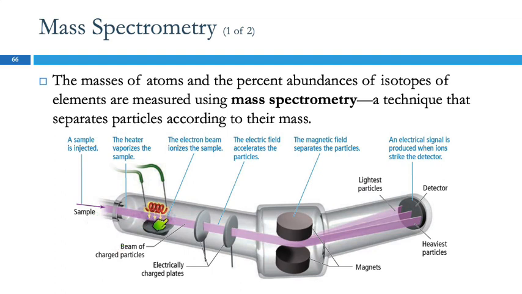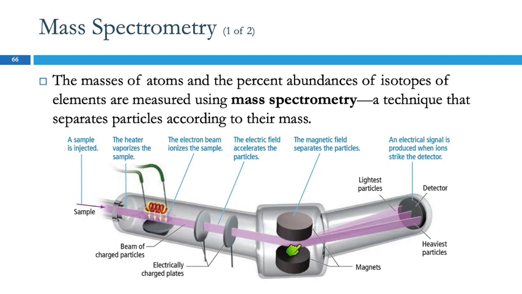So the result is now we have charged isotopes, charged particles. The reason we want charged particles is because then we can use electric fields to make them move, and we can control them. So use electrically charged plates to accelerate these particles, and then we're going to send them through a magnetic field.